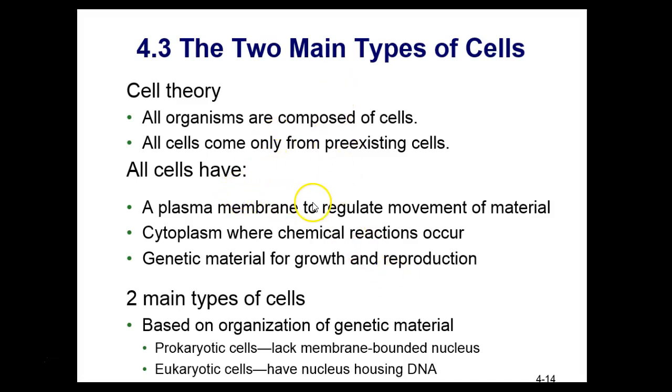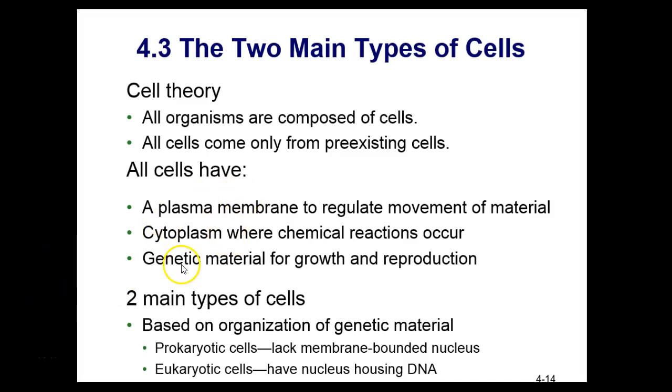They all have a plasma membrane, which regulates movement of material into and out of your cell. All three have a cytoplasm, where chemical reactions occur. The cytoplasm of both the plant and the animal cell contains organelles such as your endoplasmic reticulum, your rough ER, your smooth ER, the Golgi bodies, your mitochondrion, lysosomes, vesicles, things of that sort.